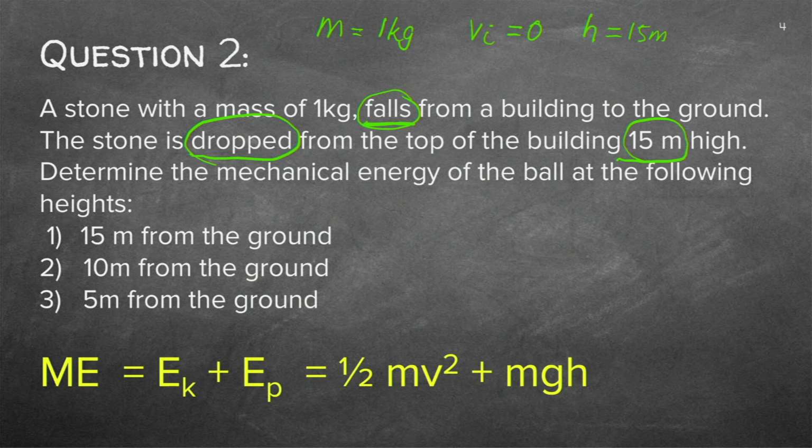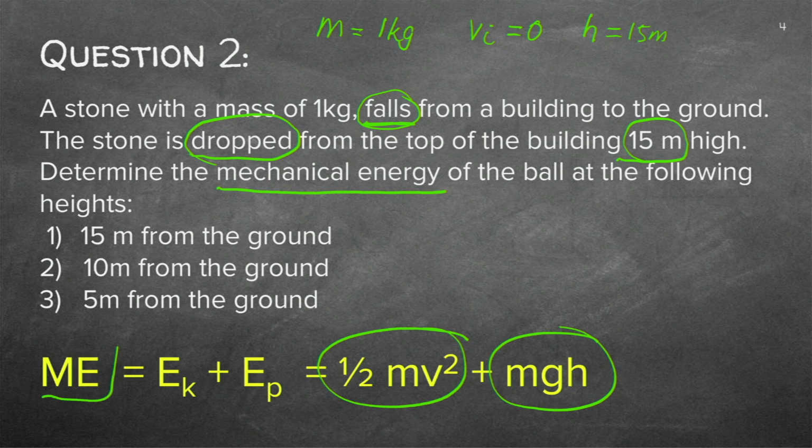They ask me now to determine the mechanical energy, and I know exactly I can use this equation. If I've got these values, I can calculate the mechanical energy, but they are asking me 3 calculations. At the top, 15 meters from the ground. That's the first question. The second question is 10 meters from the ground, and the third question is 5 meters from the ground.